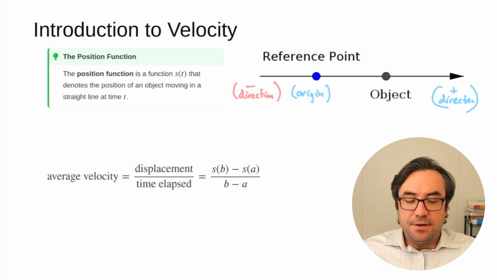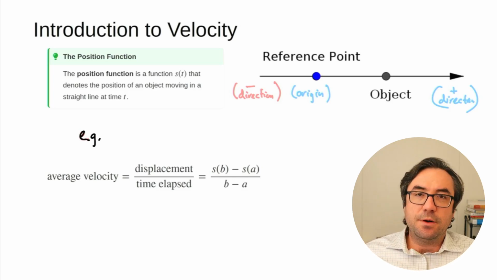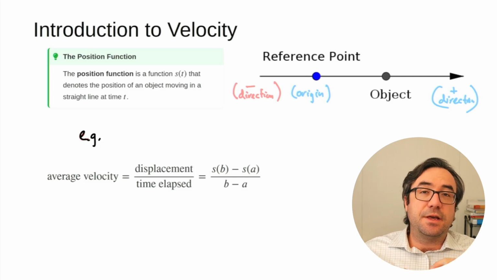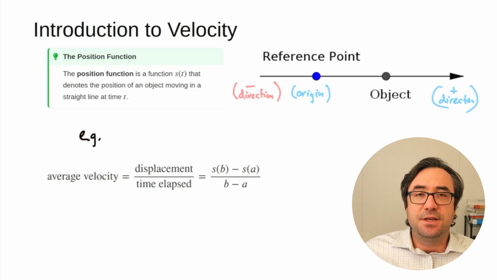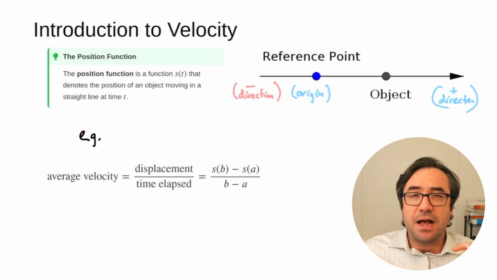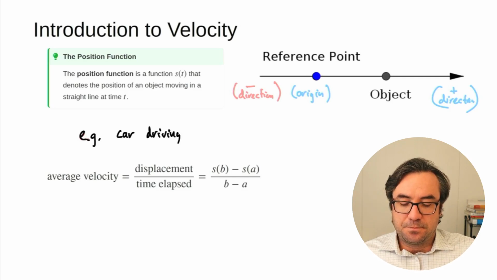A couple of examples of motion in a straight line: you can think of it like a particle that's moving in a straight line, or you can think of it as a car that's just driving down the highway, so driving on a straight road.